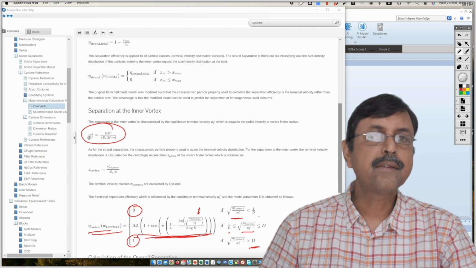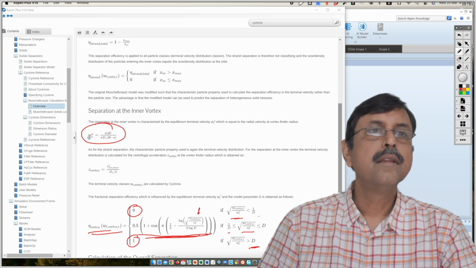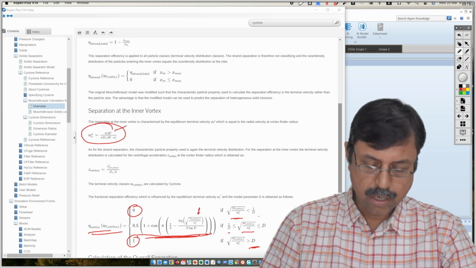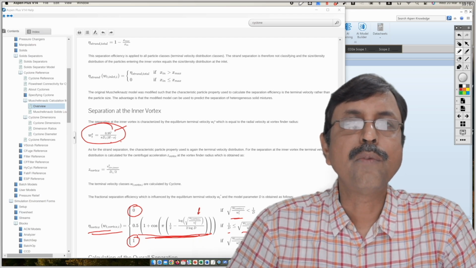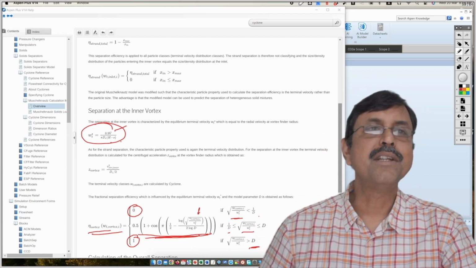And this vortex is based on V dot, dc, h, s, etc. Now, what is h? What is s? We do not know. These are all dimensions. Okay.